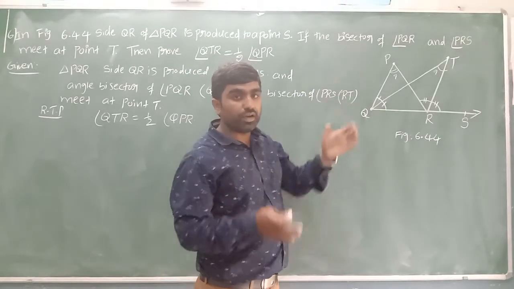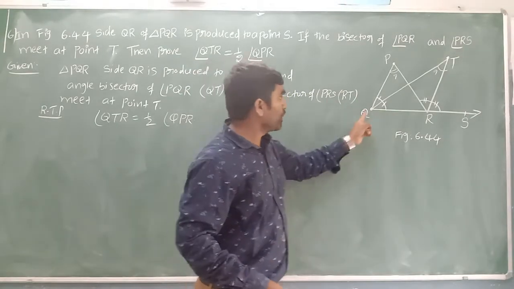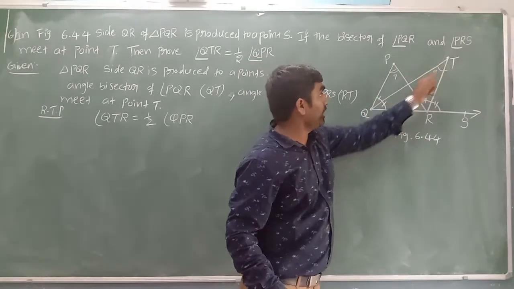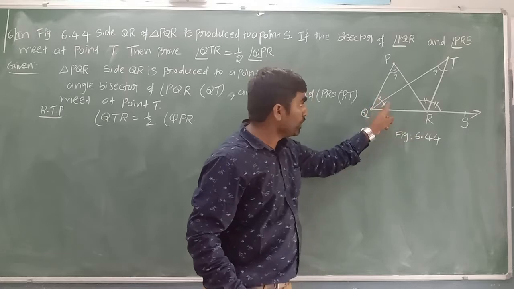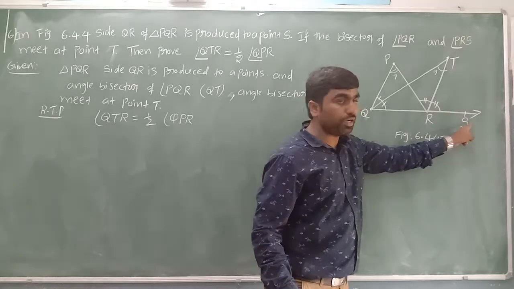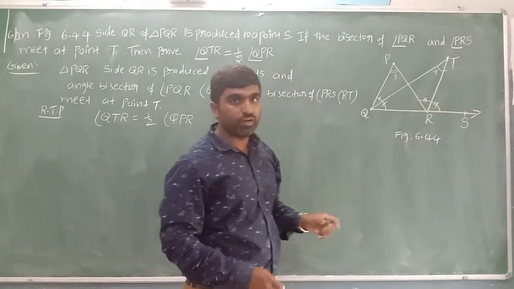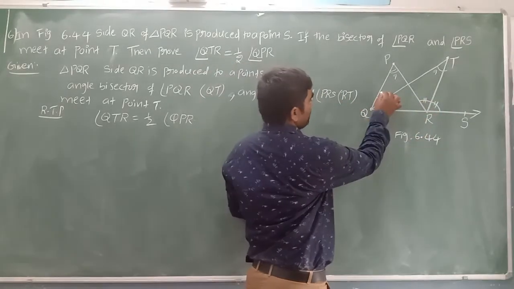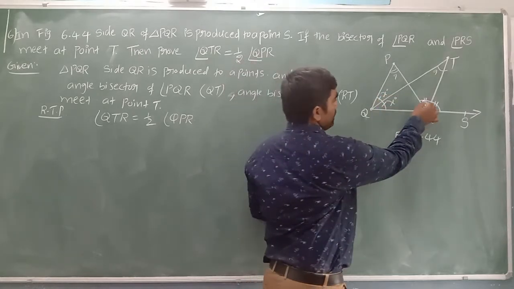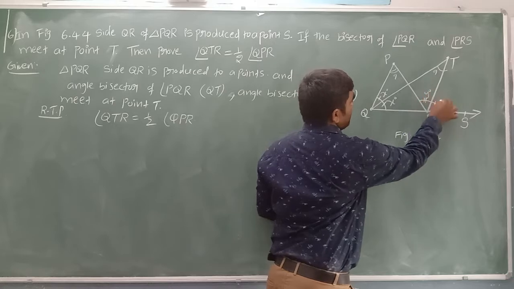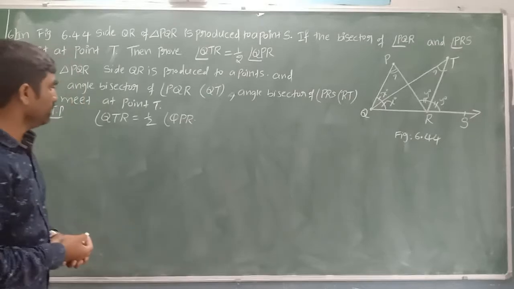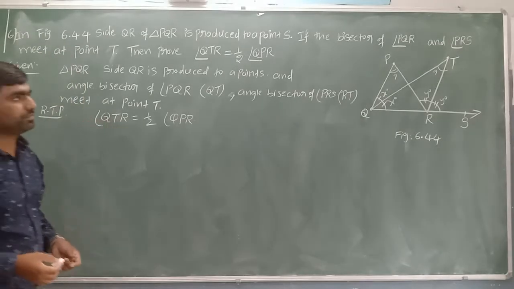A bisector is nothing but dividing into two equal parts. QT is the angle bisector of PQR, meaning QT divides angle PQR into two equal parts. Similarly, RT divides angle PRS into two equal parts. For my convenience, let me take these two equal parts as x degrees and x degrees. Similarly, these two equal parts, let me take y degrees and y degrees. Now think about this angle QTR.